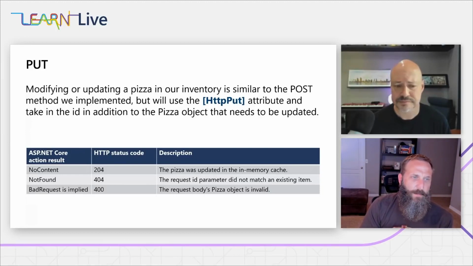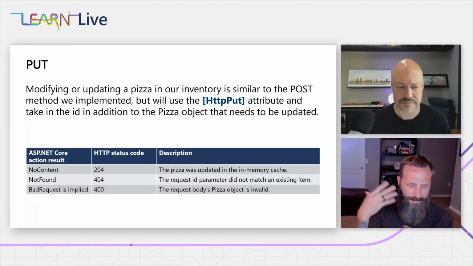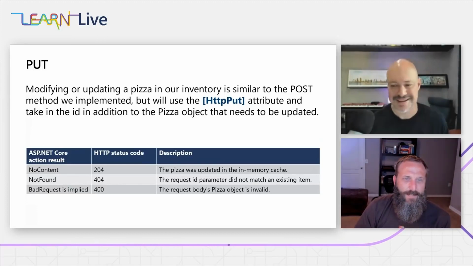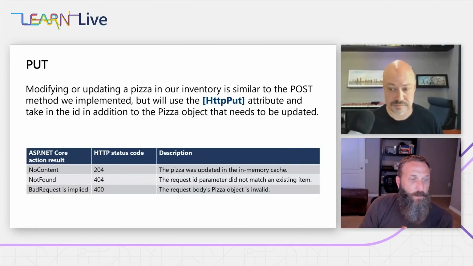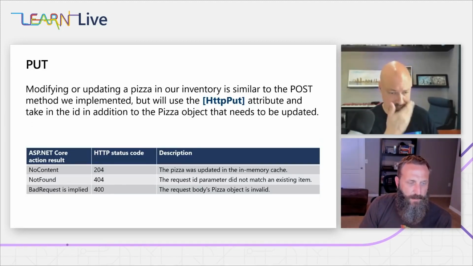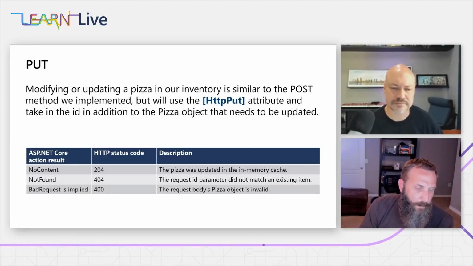I've always remembered that put has the U in it, which means update. So if we're modifying or changing values, we call put. The client will call put and send the data to be updated. And you can see from the results, these are the common results that you should send back if you have issues with it.